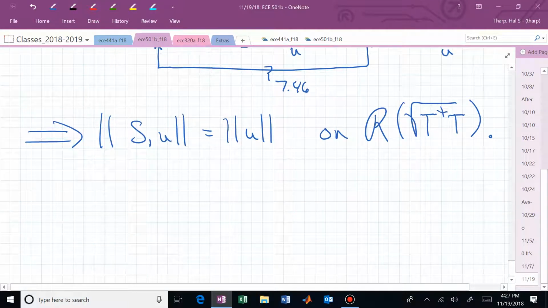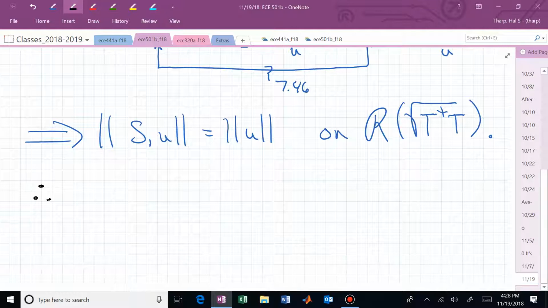You need to be careful with this next statement, but it's clear if we're saying that these norms are equal. If we have the norm of S1u equaling the norm of u, what can you say about the null space of S1? Suppose S1 had a non-trivial null space.